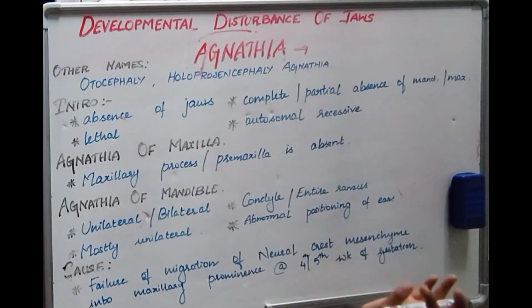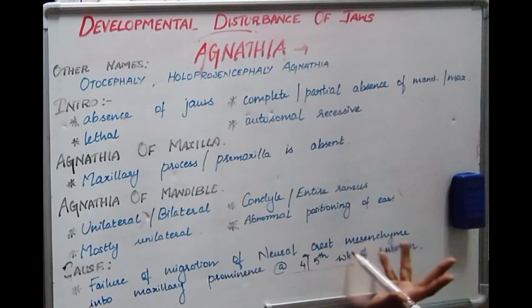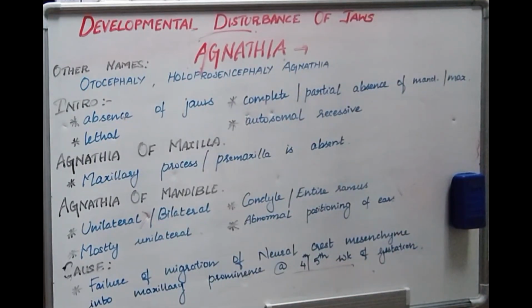This happens during intrauterine life at about 4 to 5 weeks of gestation, when there is no proper migration of neural crest mesenchymal cells into the maxillary prominence.